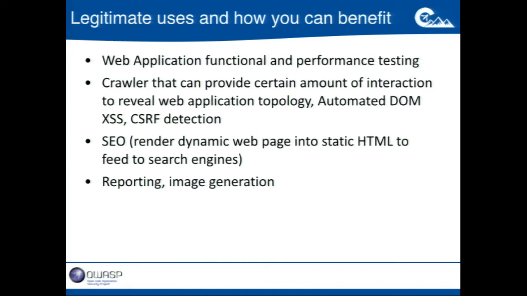It's also used for SEO, from before Google had the ability to run JavaScript in their crawler, because you can run Phantom.js and render the page into a static HTML file and feed it to the crawlers. It can also be used for report generation, website archiving, and a lot of different things.